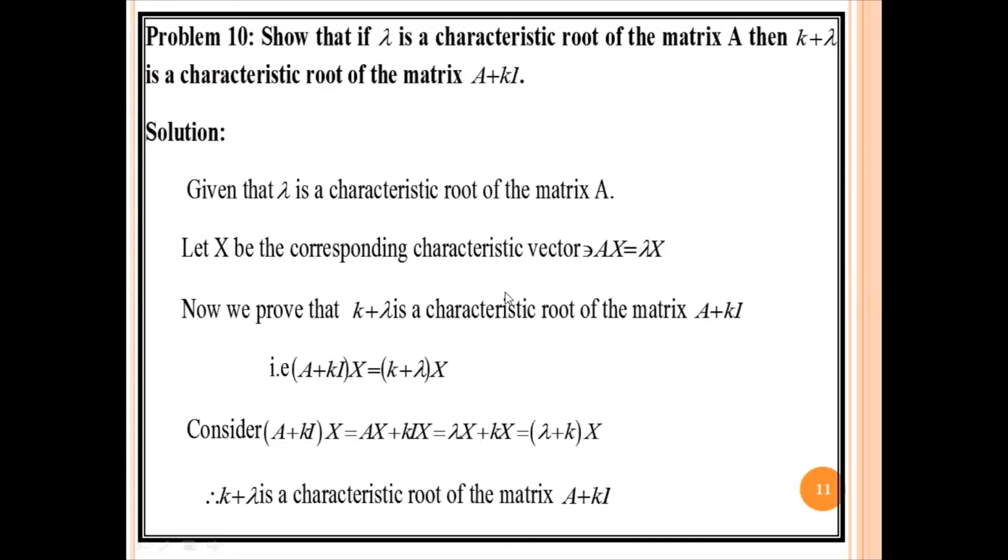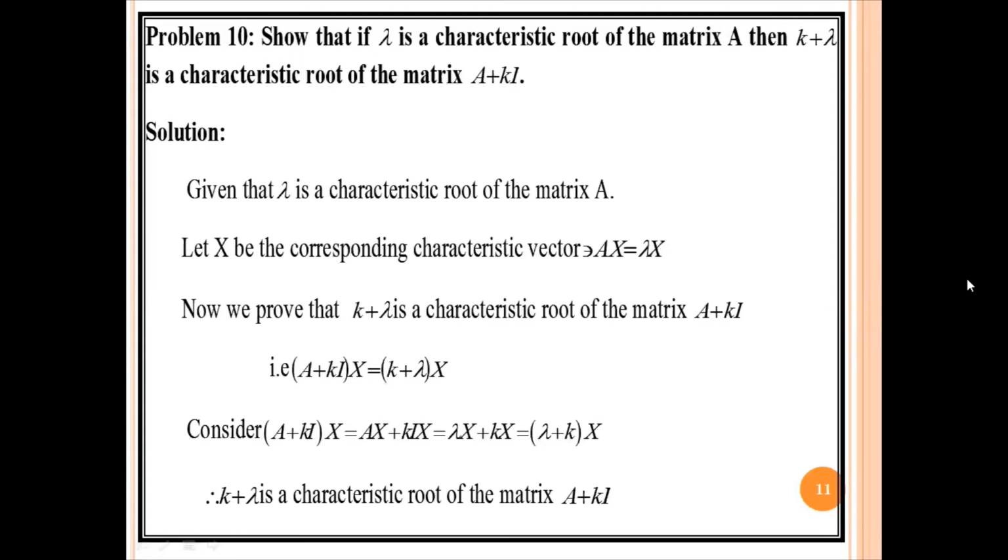But Ax is nothing but lambda x. So we get lambda plus k into x. Therefore, k plus lambda into x. Therefore k plus lambda is the characteristic root of A plus kI, right?